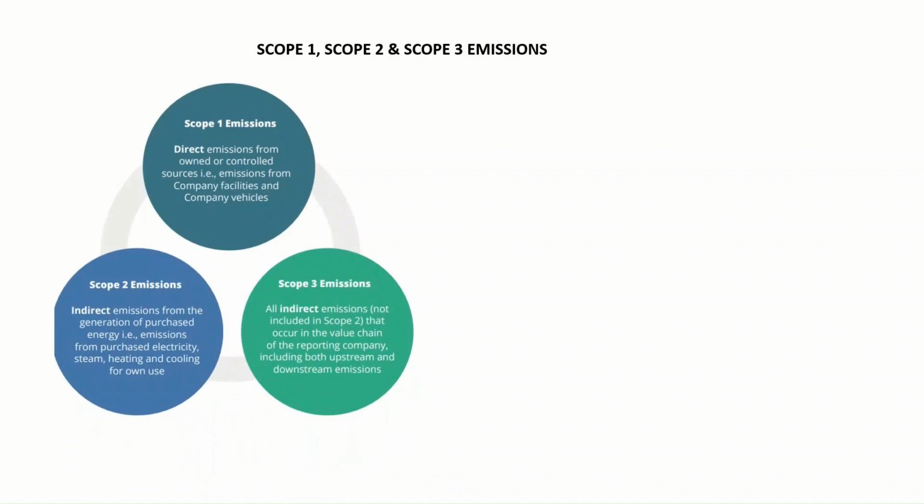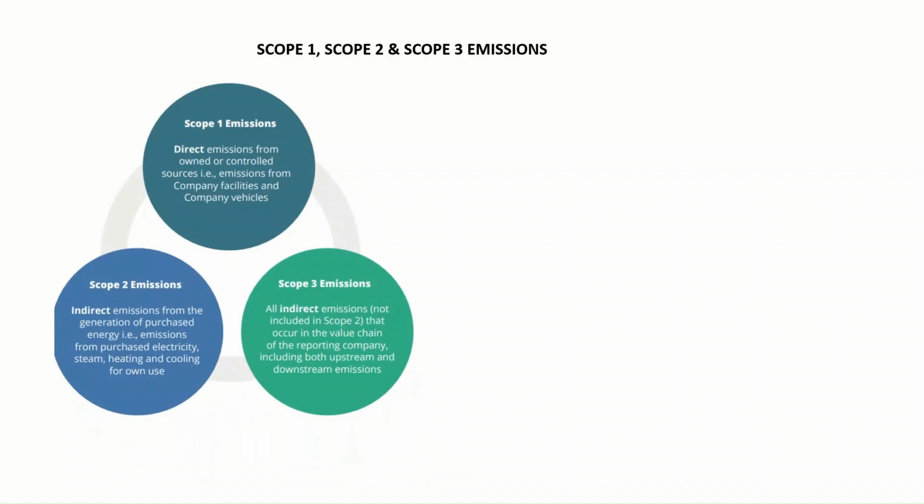Scope 1 emissions are the direct emissions that come from the organization, or I would say from controlled sources. It can be related to the company facilities or vehicles or the amount of fuel being used inside the facility.